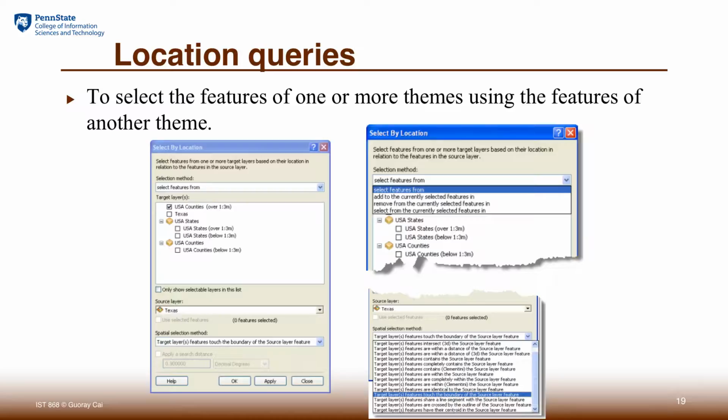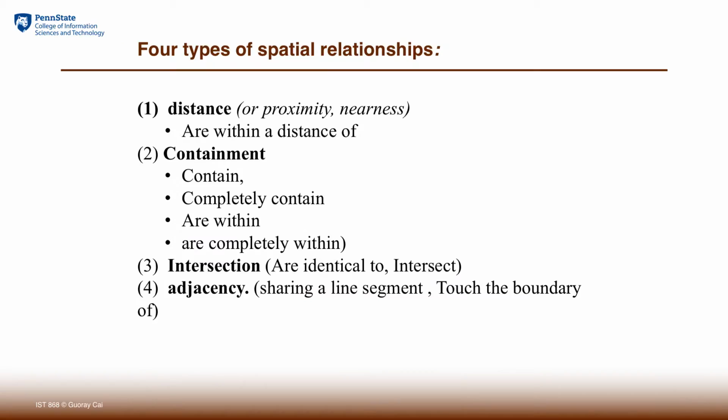But actually, location queries can deal with more than just analysis on what's inside. When you do the select by location query, everything else is very straightforward, for example, the source layer and target layer intersection or relationship.